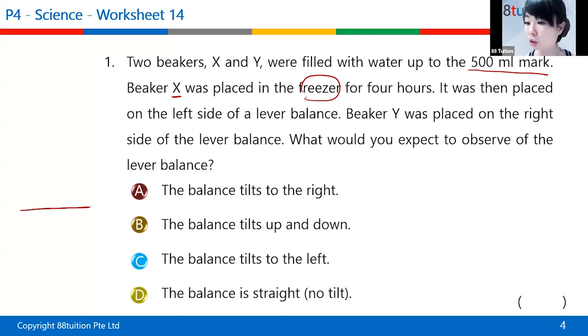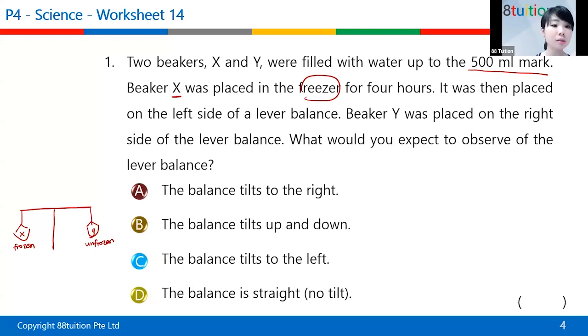So remember when I teach you about lever balance, it is this thing that tilts. This is a lever balance. Shaslin, understand? So I am going to put beaker X, the frozen one, on the left, and beaker Y on the right. This is the unfrozen one.